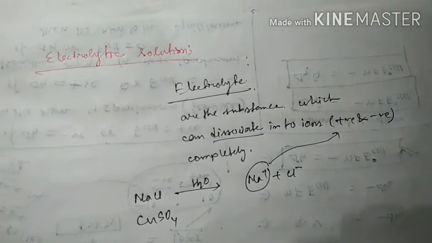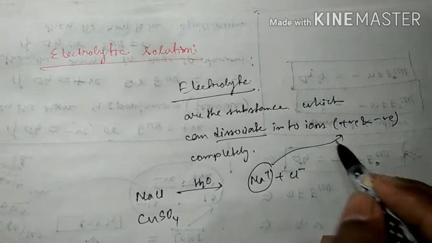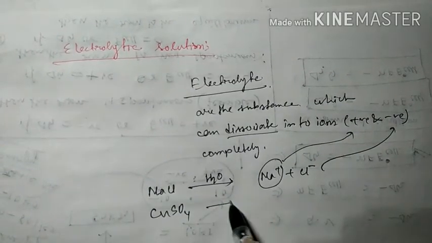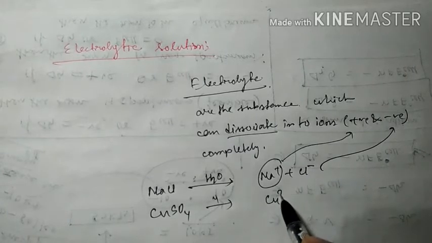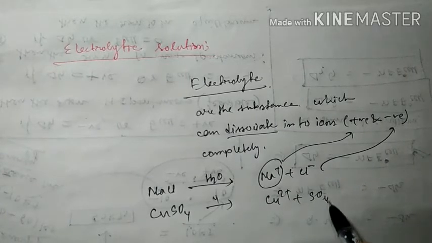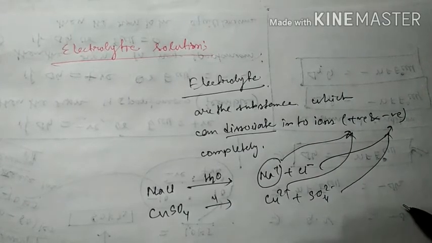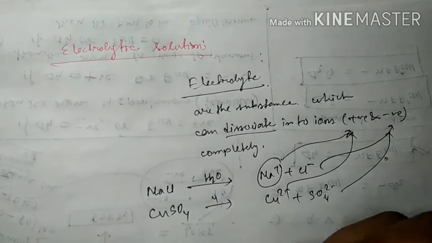This one is the positive ion, and this one is the negative ion. Similarly, if we add water to copper sulfate, we get Cu 2 positive and SO4 2 negative. This one is the positive ion, this one is the negative ion. That's why these are electrolytes.